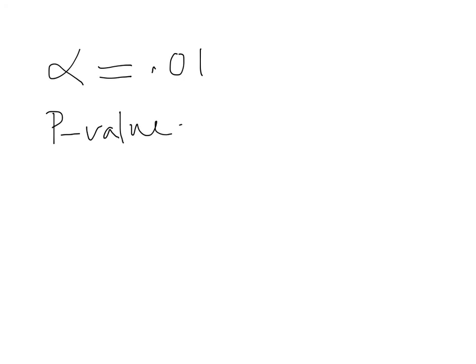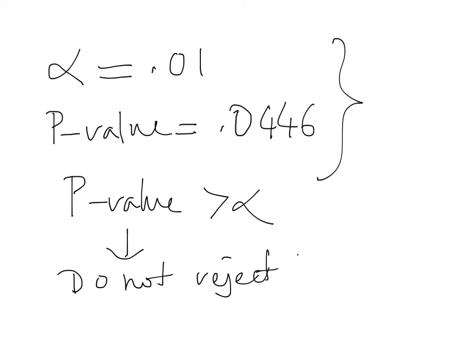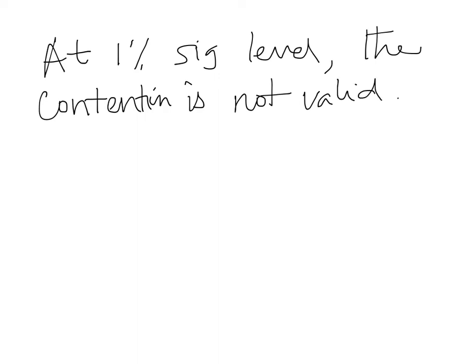Now what you do with the p-value: remember your alpha is 1%, 0.01. The p-value you just calculated is 0.0446. When you compare these two, your p-value is greater than alpha, and that tells you that you do not reject the null hypothesis at alpha equals 0.01. The solution is: at the 1% significance level, the contention that more than 70% of faults are caused by lightning is not valid, because you are unable to reject the null hypothesis.